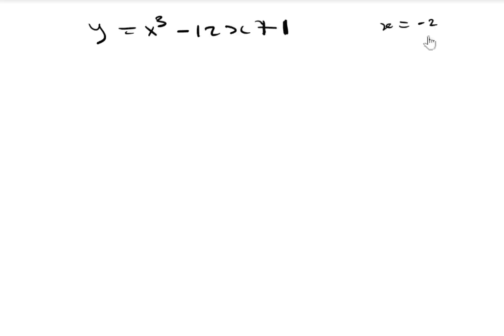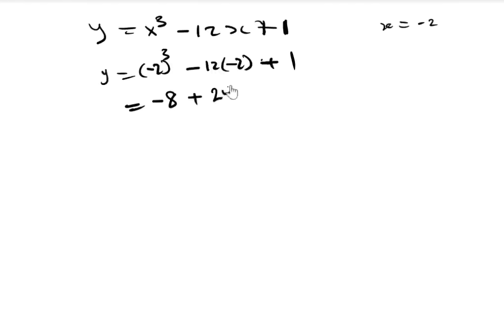Therefore, if I substitute x to be -2 in this expression, I'll have that y is equal to -2 cubed minus 12 times -2 plus 1. And this is equal to -2 cubed is -8, then -12 multiplied by -2 is plus 24, plus 1.